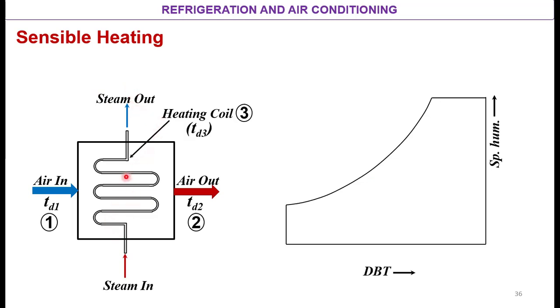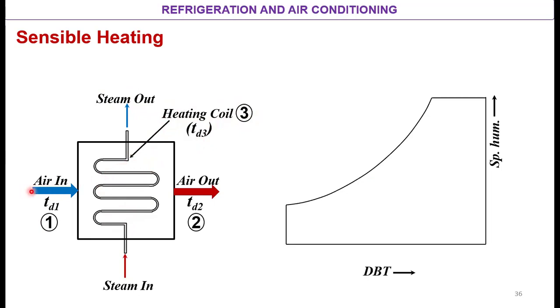When hot steam passes through this coil, or hot water, or you may pass hot gas also through these coils, this coil is known as the heating coil, and its condition is shown as point 3. Definitely if it is a heating coil, its temperature will be high.